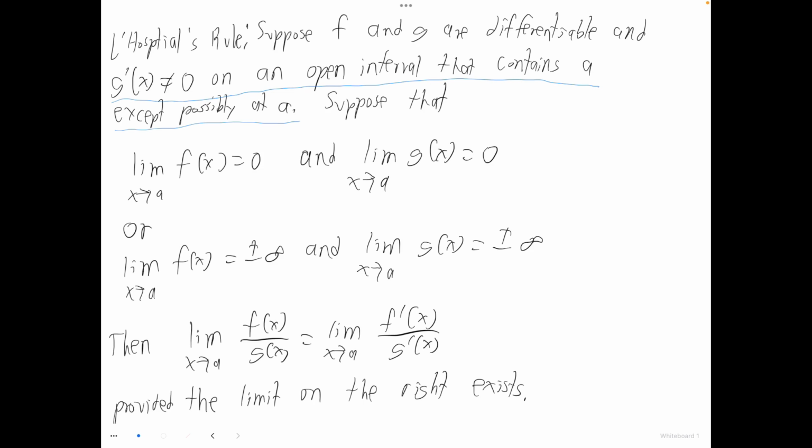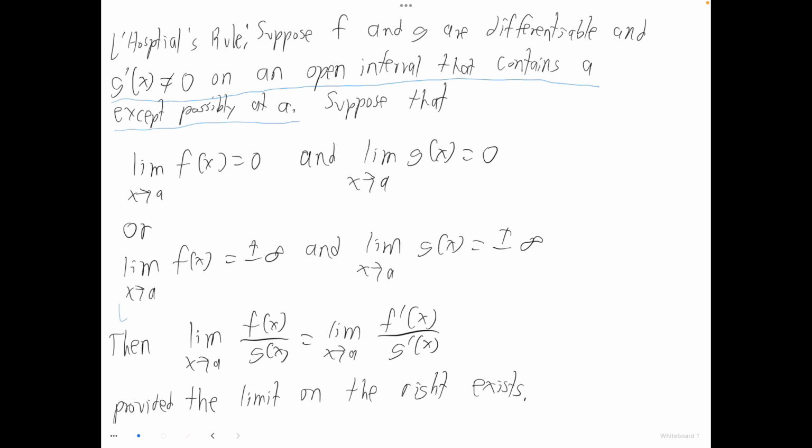Basically this means that g prime of x can't be 0 for a really long period of time. It might be 0 at that value a, and if it is, that's totally fine. But the issue is if the derivative is always 0 or 0 for a really long period of time. It's not a big concern. That doesn't happen very often, so we're not going to dwell too much on it.